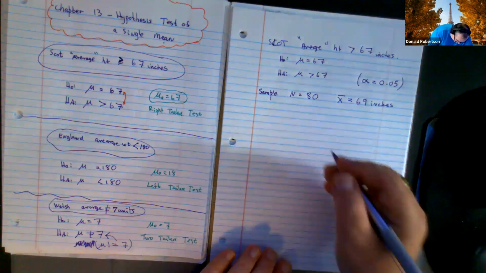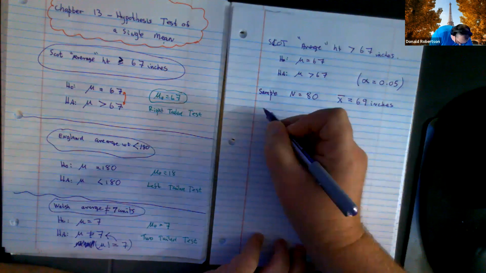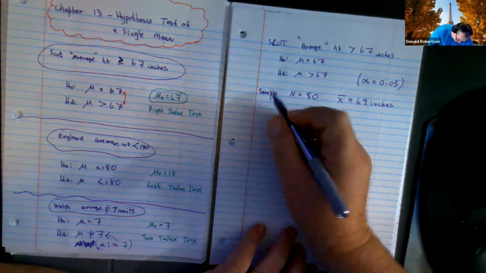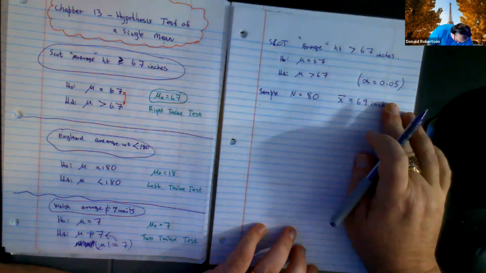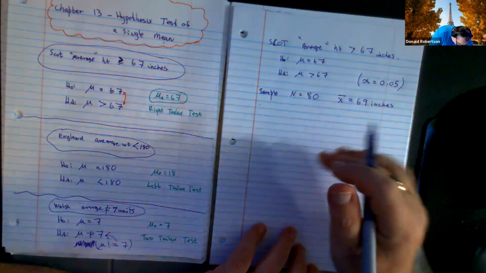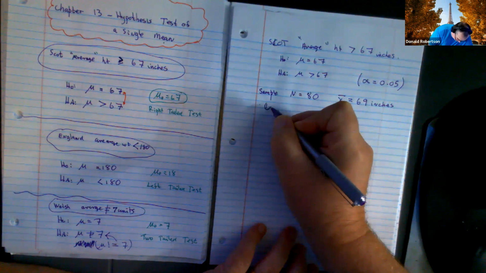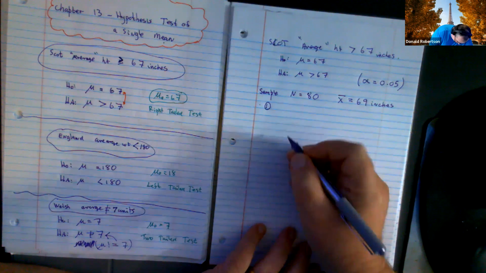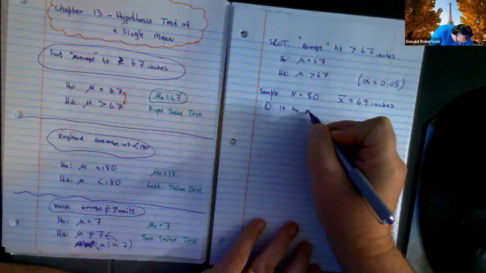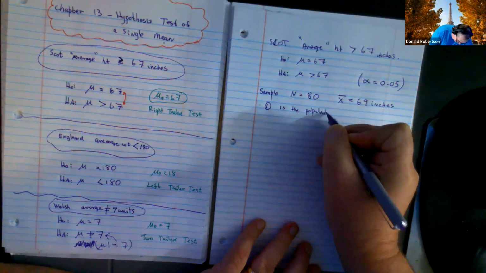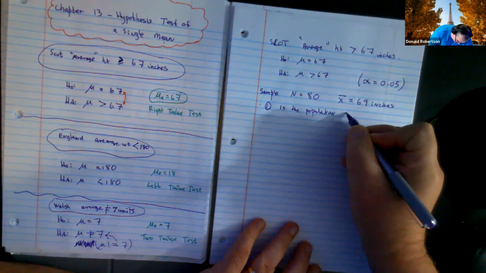Now, let's talk a little bit about when you should be conducting hypothesis testing in the first place. Well, one of the ways you can do it is: is the population symmetric?